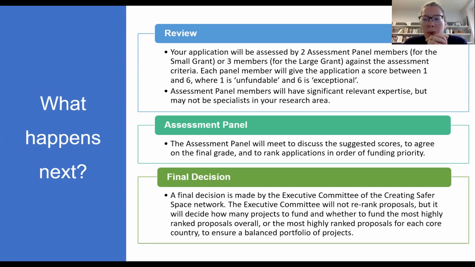So once this, oh, sorry, that was the last step. Once this final ranking is done, the list of proposals in funding priority goes to the final decision. And the final decision is made by the executive committee of the Creating Safer Space Network.